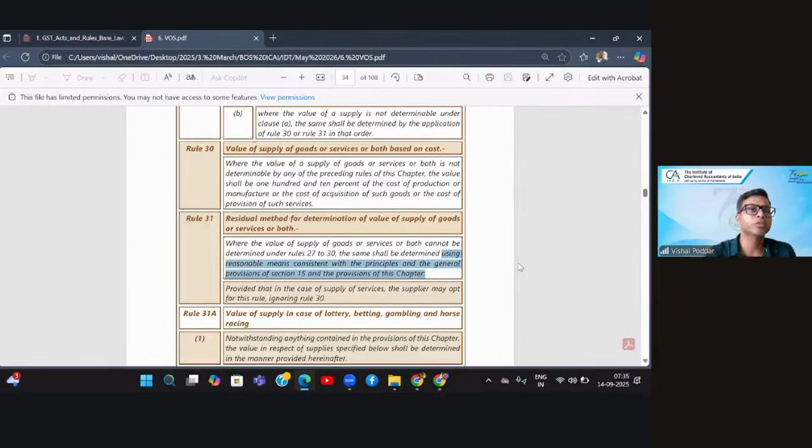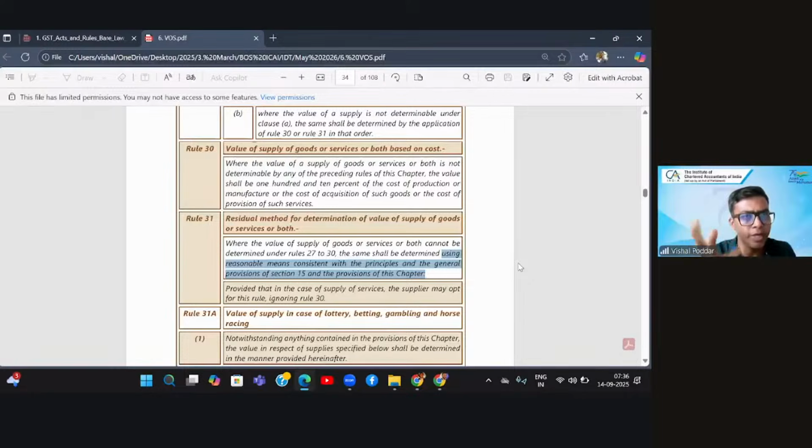Now, how this rule is applied, I will explain when we take up Rule 27, 28, because over there, once I first explain what are the valuation mechanisms provided in the law, then I'll give you a practical example of how Rule 31 can be applied. But if you read it bare, you will find no mechanism given. There is nothing provided as to how valuation has to be done.